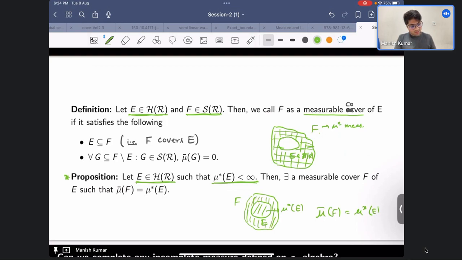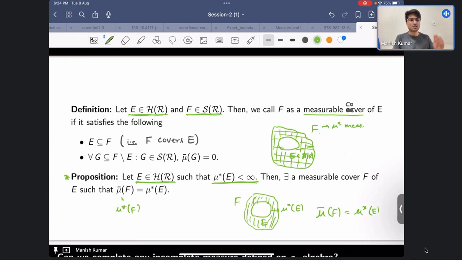Since mu bar of F is equal to mu star of F, mu star of F is equal to mu star of E. That is why the outer measure of the difference is 0.